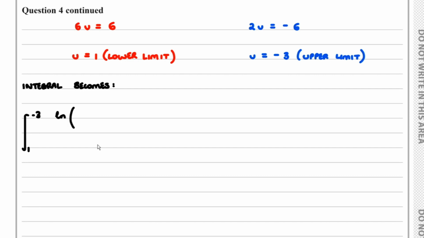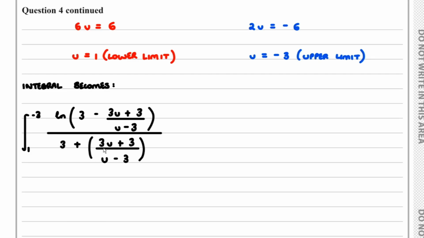We've got the natural log of (3 subtract (3u plus 3) over (u subtract 3)) over (3 plus ((3u plus 3) over (u subtract 3)) squared) multiplied by dx, and we know what dx is. That's negative 12 over (u subtract 3) squared du.